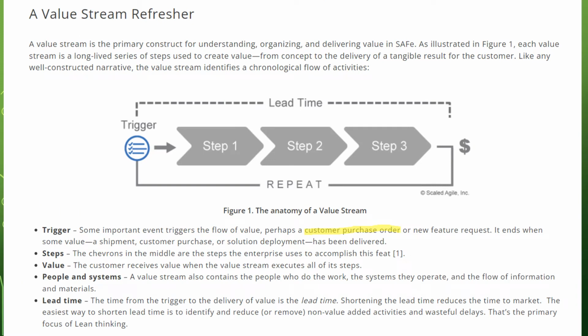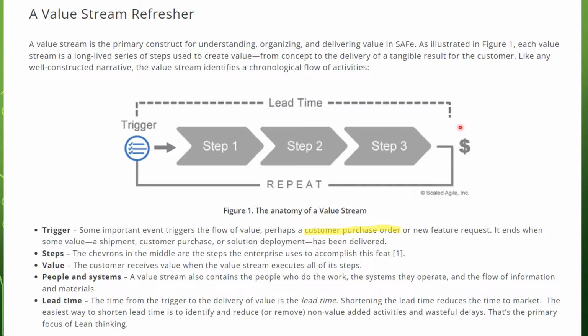Before we start with each of the steps, let's understand what a value stream is. A value stream starts with a trigger. An example could be a purchase order from a customer. Let's say you are booking a car with your dealer. Then it goes through a lot of manufacturing steps.